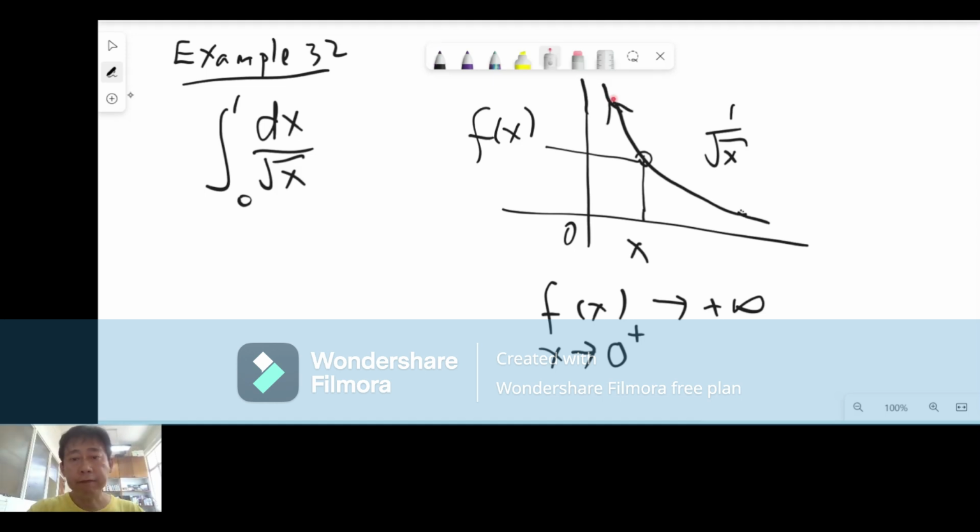The function is not defined at the point x equals 0, but yet we are going to calculate the integration of the function between the limits of 0 and 1. We have to think of the proper way to handle the infinity that occurs at the point where the function is not defined. So let's see how we are going to handle this improper integration of the second type.